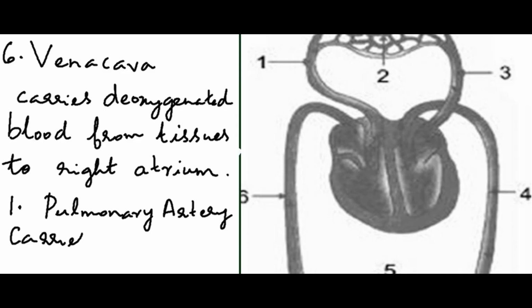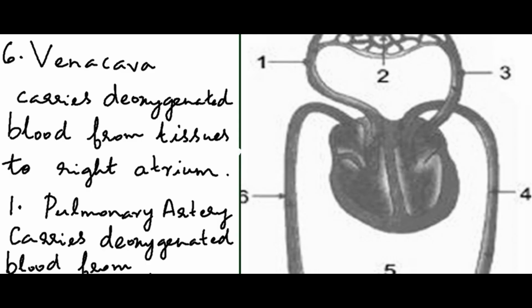Its function is that it carries deoxygenated blood towards the lungs. Though 6 parts are shown, the question has asked for only 2 functions, so you can write any 2 functions.